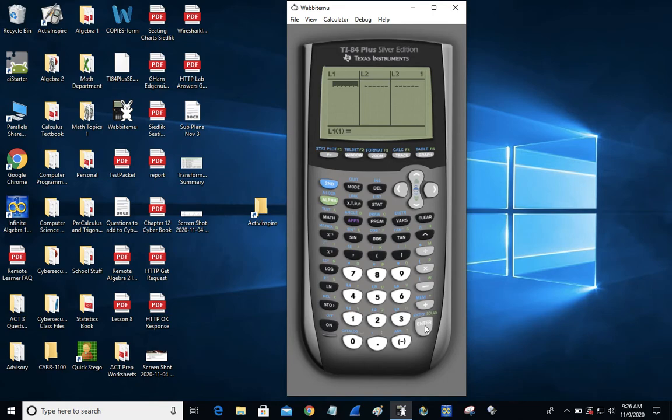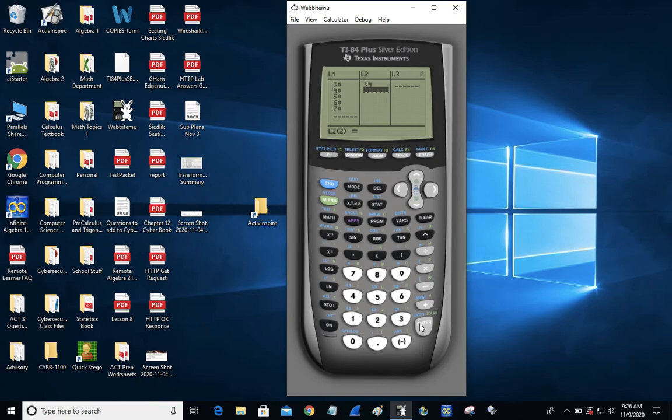Does anybody not see L1 and L2? All right, L1 is your X. So put in your X information. So Shelley collected data, 30, 40, 50, 60, 70. Then I put my Y values into L2. How'd you get over there? I just use the arrow keys.